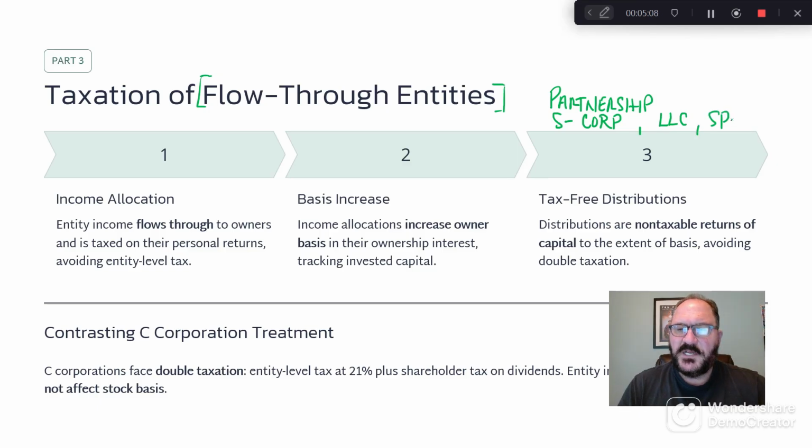Again, that's if they decided not to be taxed as a corporation. Notice, income allocation. The income is allocated to the owners, flows through to the owners. It's taxed on their personal returns at their personal level.